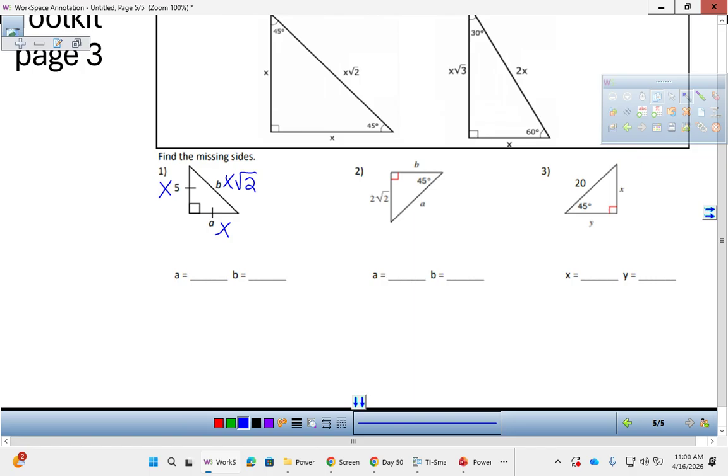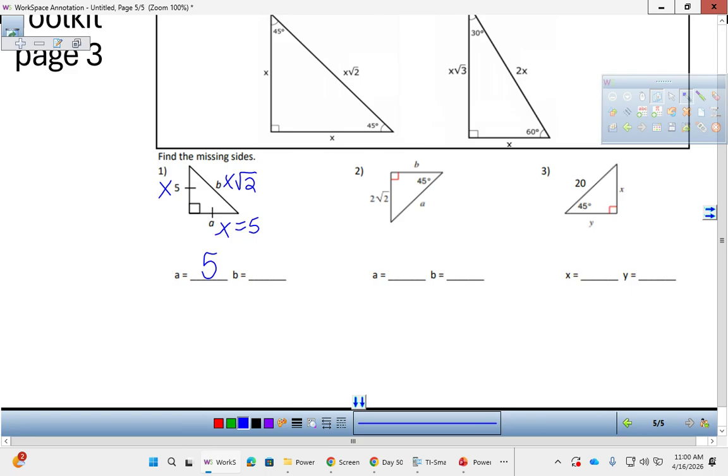So what that tells me about my image is that the x value is 5, right? Because I don't know what either of these are, but x is equal to 5. You with me so far? So if this x equals 5, well then this x has to equal 5 too, right? If this side's 5, this side's 5. That means that the a value is 5.